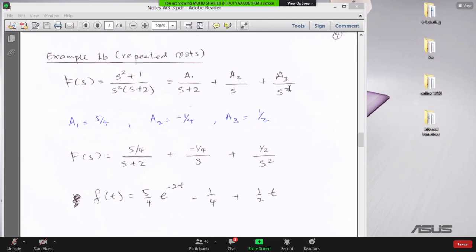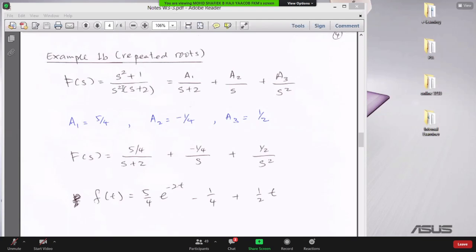Those are just not independent of each other. It is just now you have 2a2 divided by s, then you only get 2 coefficients. But when you have 3 factors in the denominator, you should be able to find all 3 coefficients, a1, a2, and a3. So the correct decomposition of partial fraction for s squared here is a2 over s, and then another term, a3 over s squared.